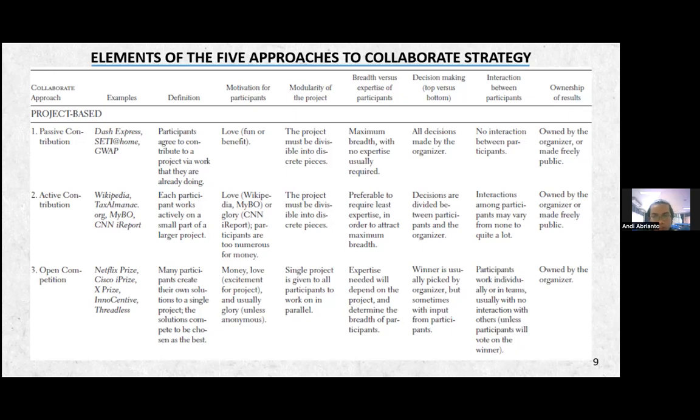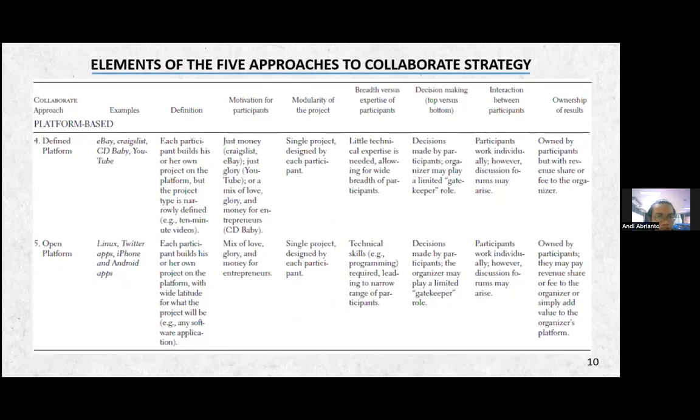However, the decision might be made by participants in cases where they have enough information to decide and the feasibility of the winning solution is not an issue. For example, customer voting on the winning t-shirt design for Threadless, where the cost of producing one t-shirt versus another is not an issue. And participants in open competition usually work individually or in teams.